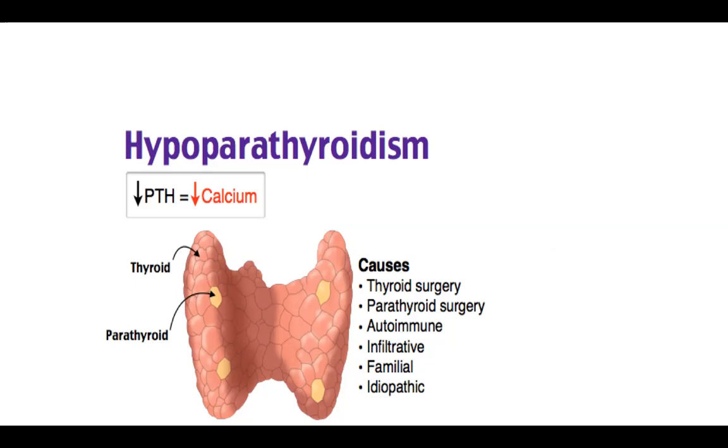Another cause can be autoimmune diseases that can cause destruction of the parathyroid gland. The parathyroid gland can also get affected by infiltration of cancer from the surrounding tissues, most probably thyroid cancers. And there could be idiopathic causes as well.